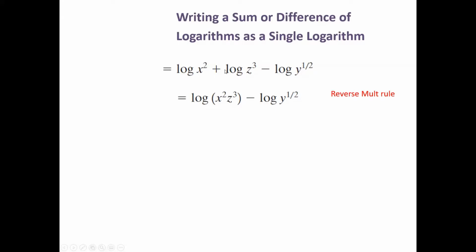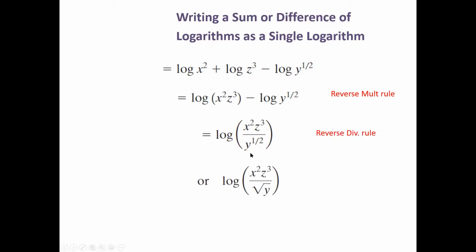Well, they took the 2 positives together first. Again, I wouldn't do that. I would have gone just straight down to it, because here's the x squared in the numerator, the z cubed in the numerator, and the y to the 1/2 in the denominator.